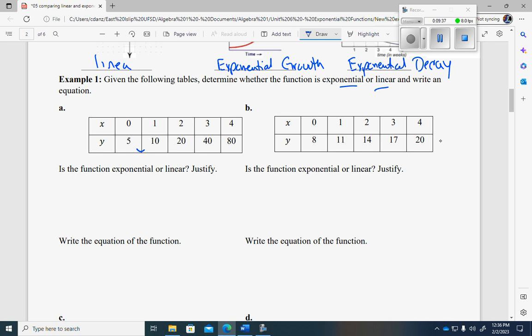So I notice quickly right here, I can multiply by 2 each time. So it must be exponential, because it has a multiplying factor of 2.